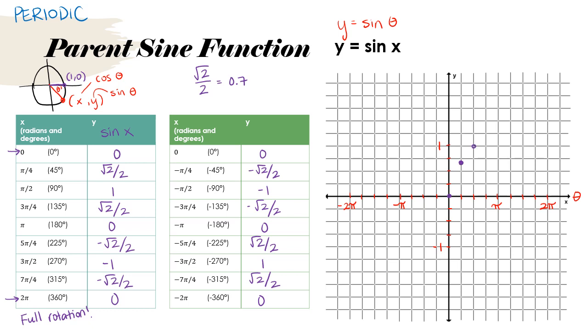Okay, next we're up at 1, back down to about 0.7, crossing the x-axis again, interesting. Then we're going down to about negative 0.7, negative 1, negative 0.7, and then back to that x-axis.